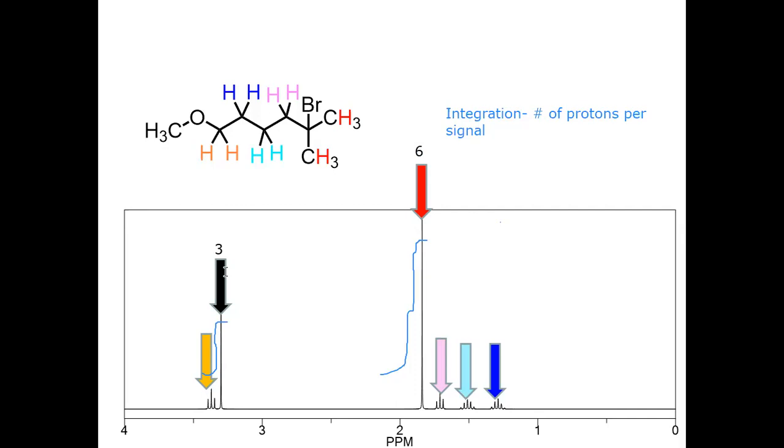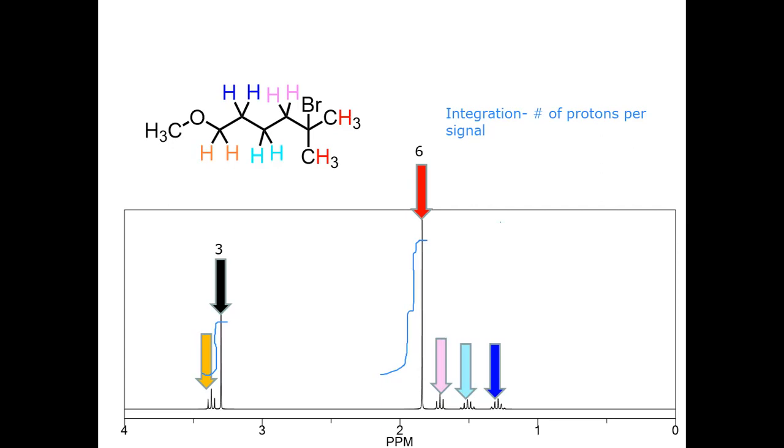Because this represents 3 and this represents 6. So the intensity is going to be different. The reason this is representative of 6 protons is that these 3 and these 3 are not going to give separate signals because they are equivalent to one another. They will be represented by the same signal. So that's why there's one signal here that integrates for 6 protons.